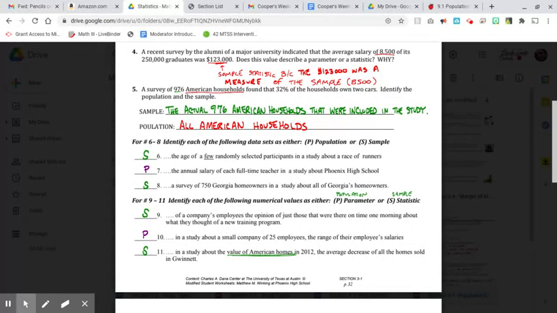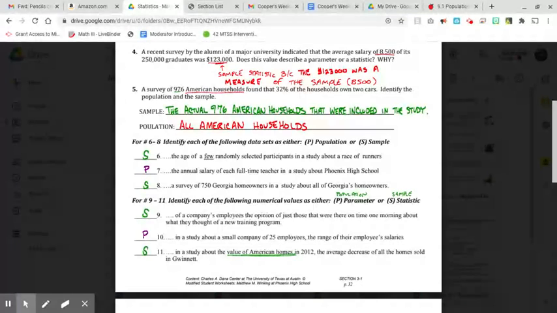For 9 through 11, identify each of the following numerical values as either population or sample. So 9, of a company's employees, the opinion of just those that were there on time one morning about what they thought of a new training program. That would be a sample. So it's not all the company's employees. It's just the employees that were there on time one morning. Number 10, in a study about a small company of 25 employees, the range of their employees' salaries.